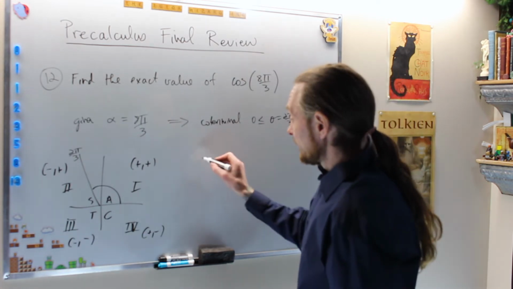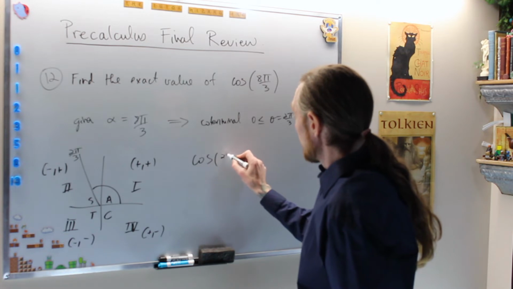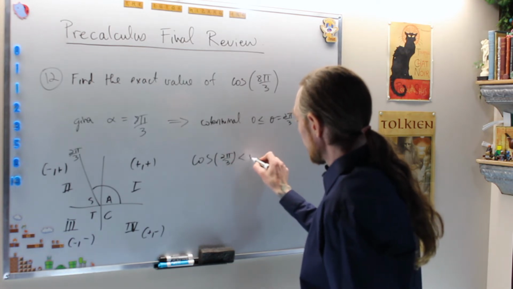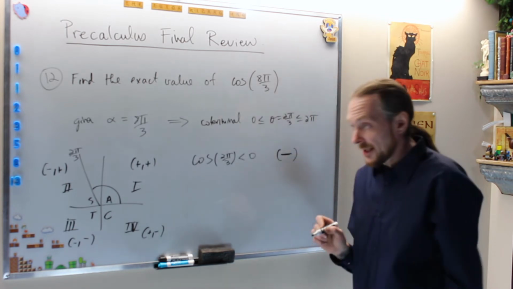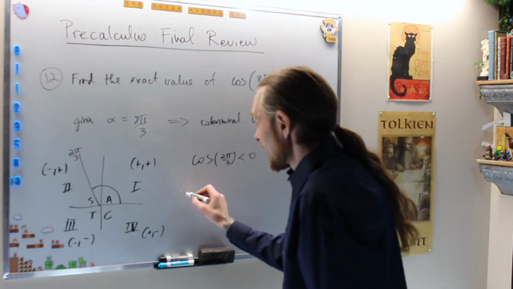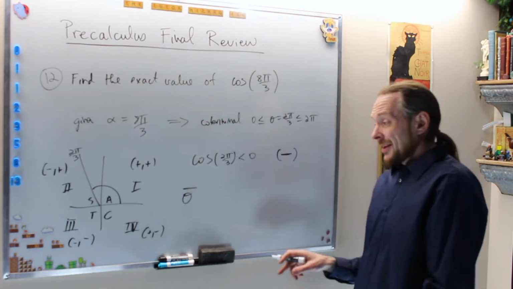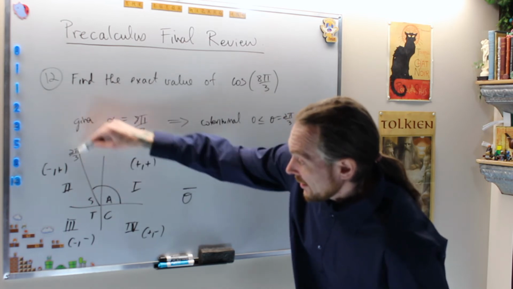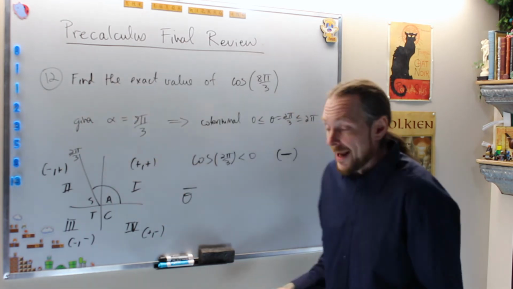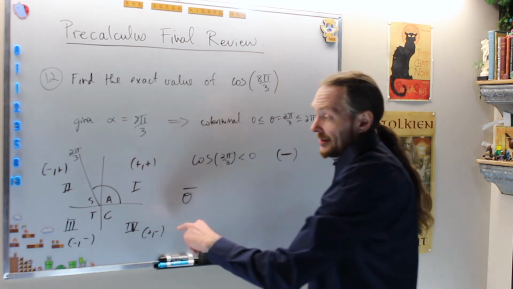This gives me that cos of 2 pi over 3 is less than 0, so the sign is negative, we're going to keep a negative. And then finally, I need step 3, find the reference angle, theta bar. Theta bar is the acute angle formed by the terminal side of the ray of your angle in standard position and the x-axis.